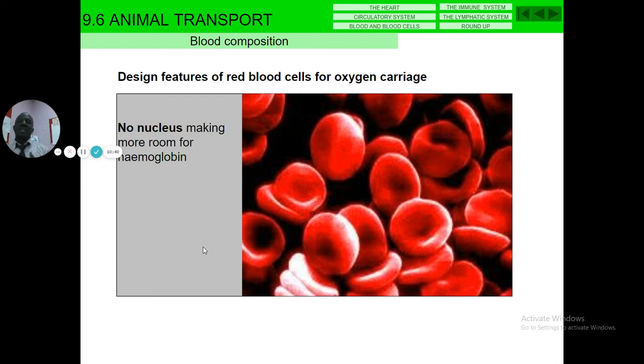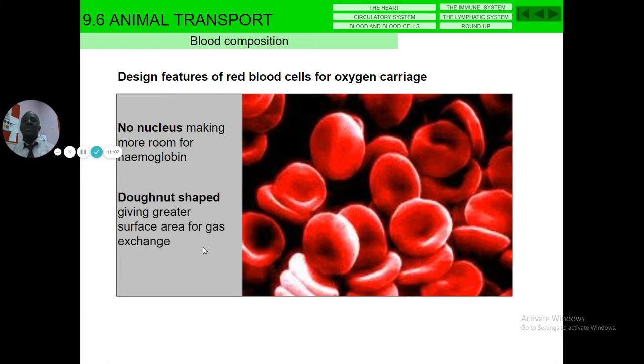So oxygen is important in that process of transportation. One of the adaptations is that when red blood cells are mature, they lack a nucleus to provide space for hemoglobin. Then they are donut shaped, which is a biconcave shape, giving a greater surface area for gas exchange.